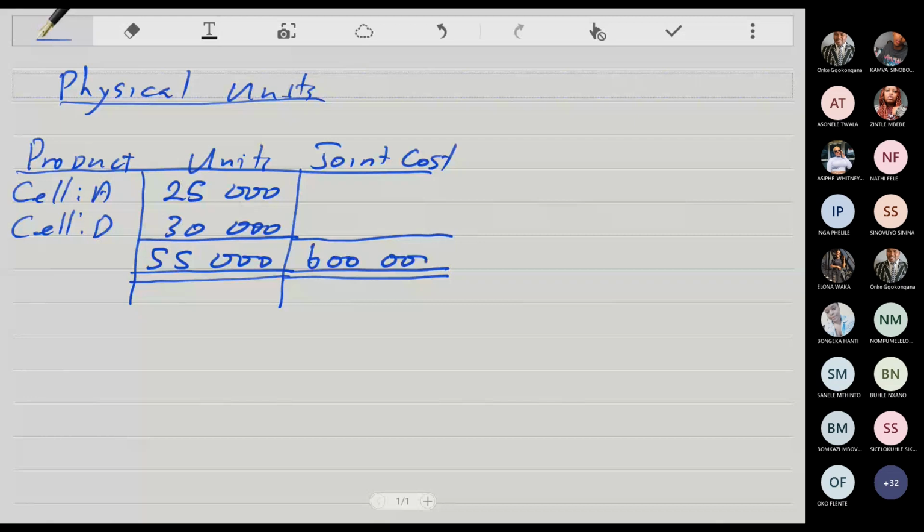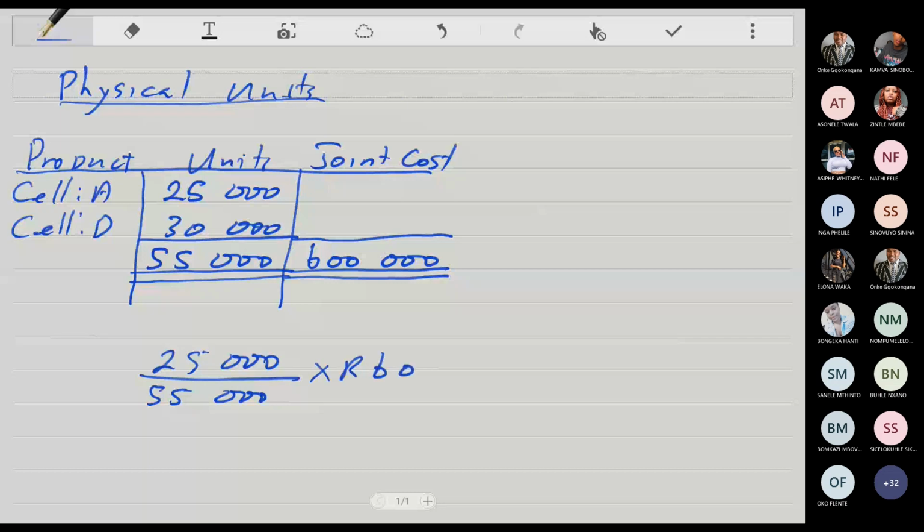So to calculate the share that will go to product A, it is 25,000 divided by 55,000, multiplied by the 600,000. That's how we're going to calculate the share. So 25,000 divided by 55,000 times 600,000.